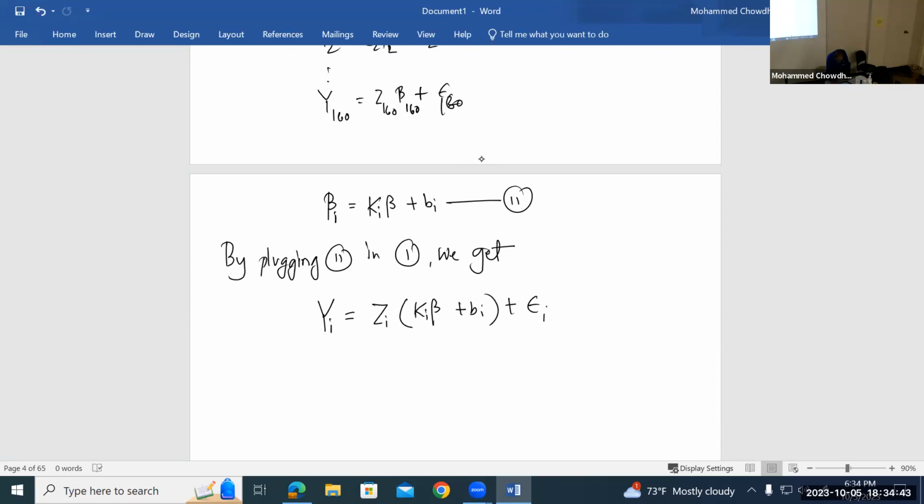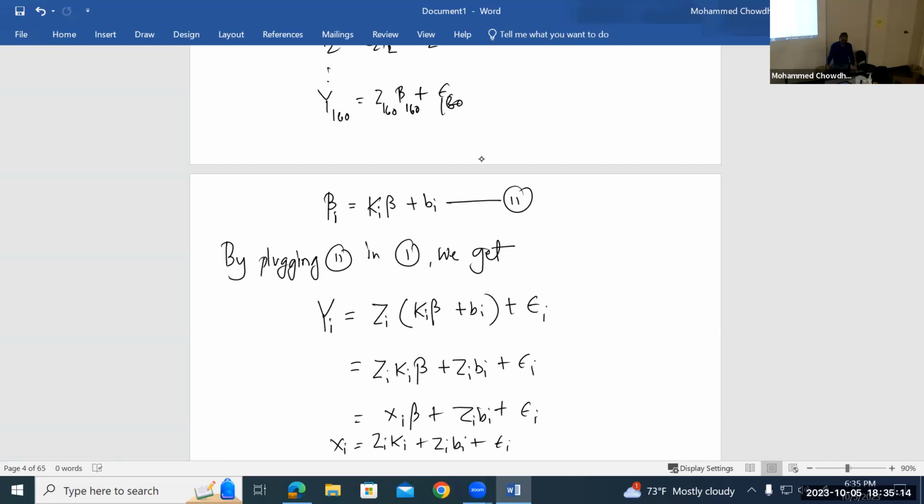Now if you write it this way, Gi Ki beta plus Gi bi plus epsilon i could be written as Xi beta plus Zi bi plus epsilon i, where Xi equals Gi Ki.